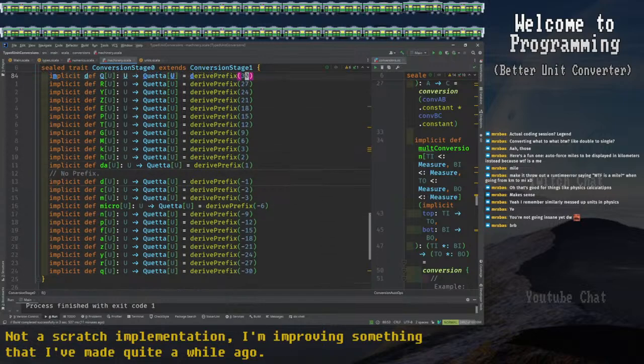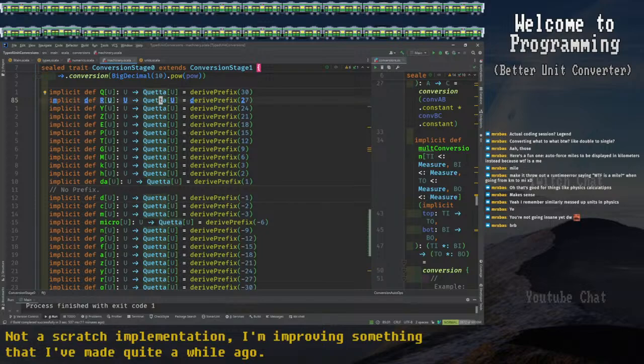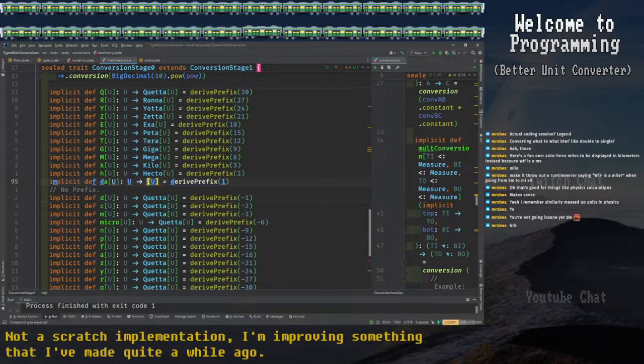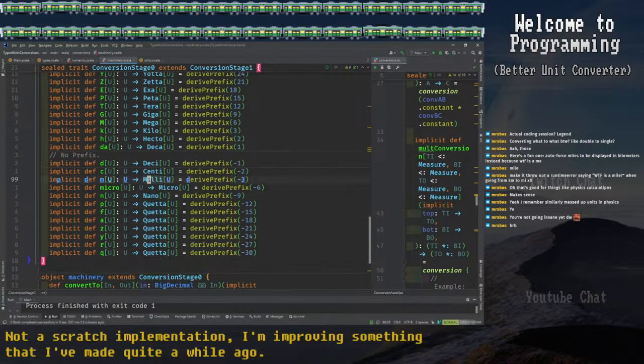Okay, and now I just have to fix all of the types. Oh, I know how to make this single letter.